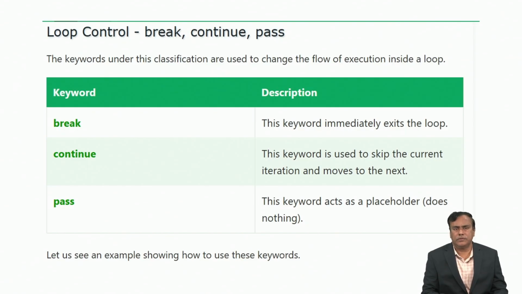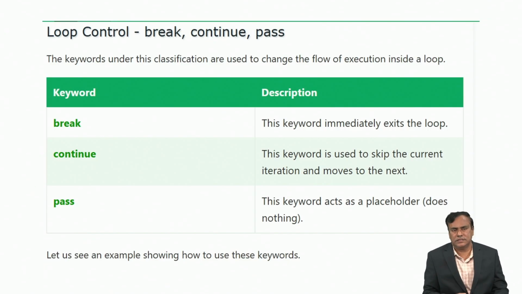Okay. Moving on. Now we are going to discuss the other keywords like break, continue, and pass. You are going to come across the usage of these keywords in loop control statements. In loops, we generally use these keywords: break, continue, and pass. Now let us discuss each of these in more detail.